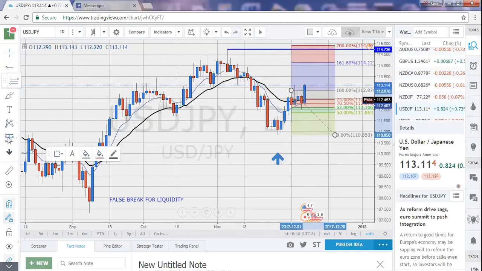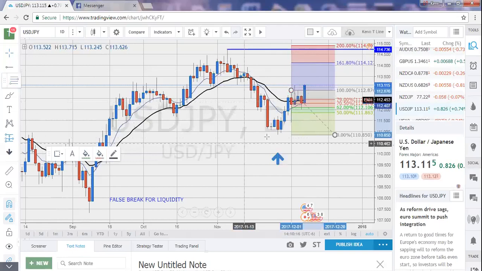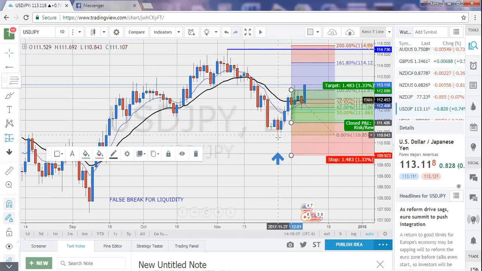So let's draw out what we would make on this trade. So again, your entry is right here, and this actually would be where I would enter, right around the 70. So we will place this here. And then, of course, now I can get rid of this.